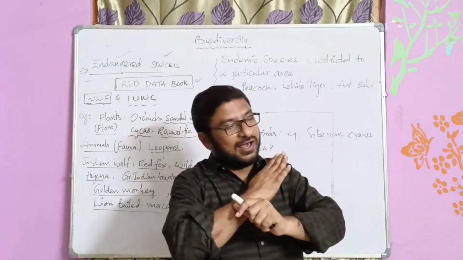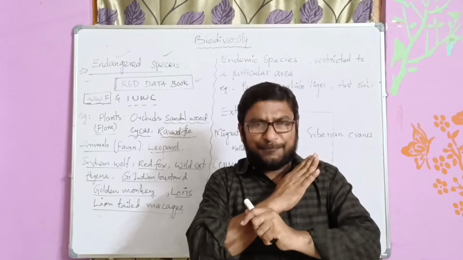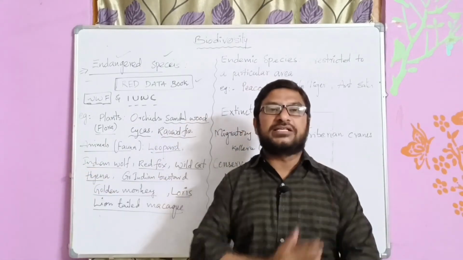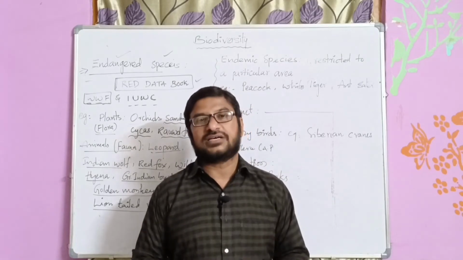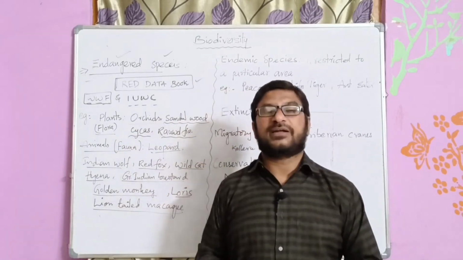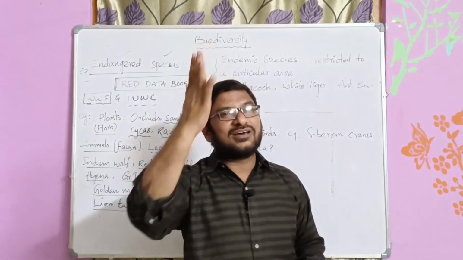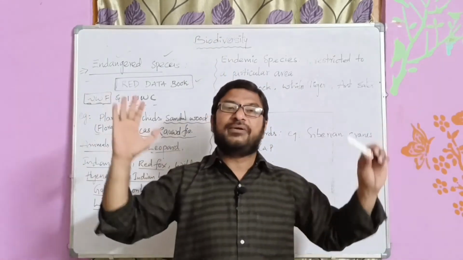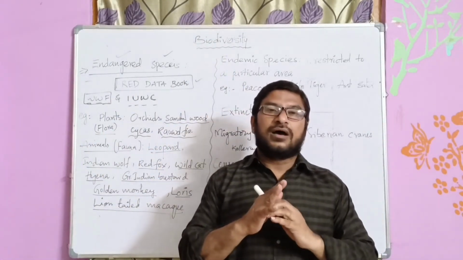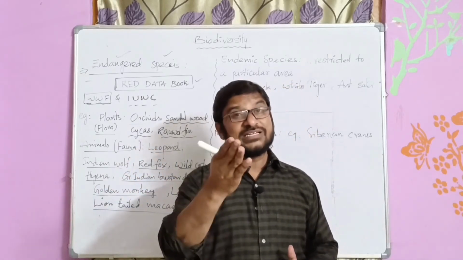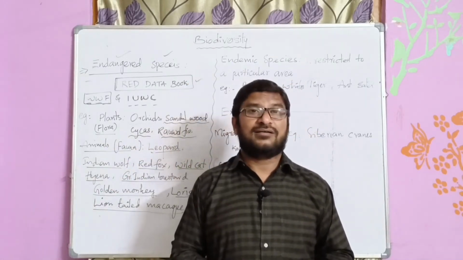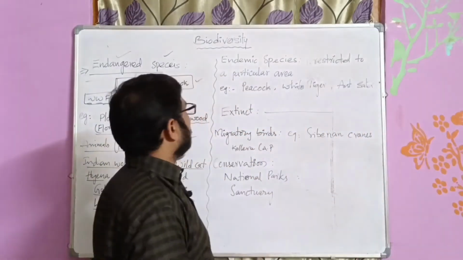Extinct means they are completely disappeared from this nature. For example, we can say dinosaur. Dinosaur is extinct completely. It has disappeared completely right now. It was present in the Jurassic era, right? So those are extinct species.